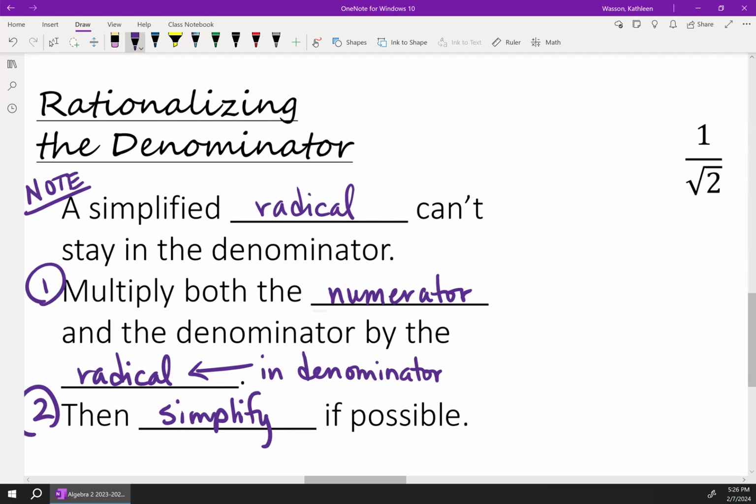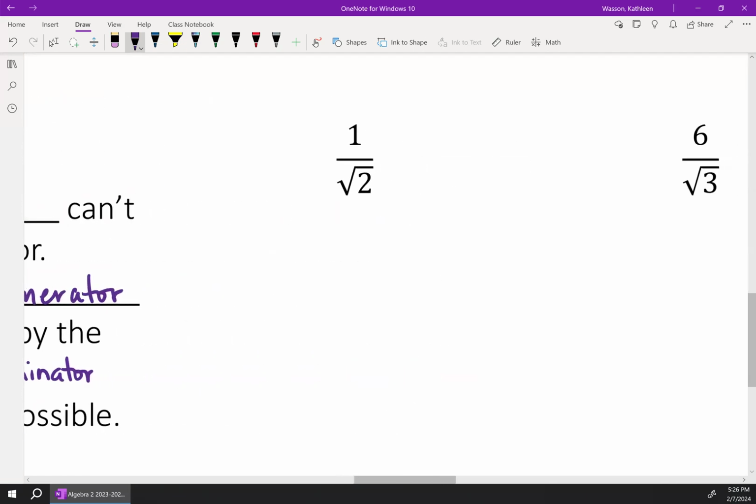So here I have a few examples. First, 1 divided by square root 2. This is a simplified radical, but it's against the rules to leave it in the denominator. So I will multiply by the denominator, which is square root 2 over square root 2.